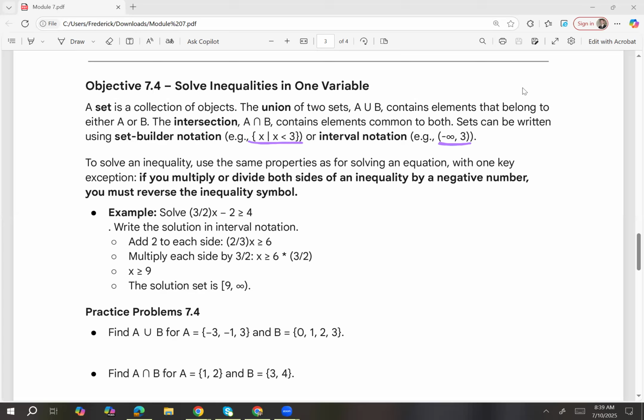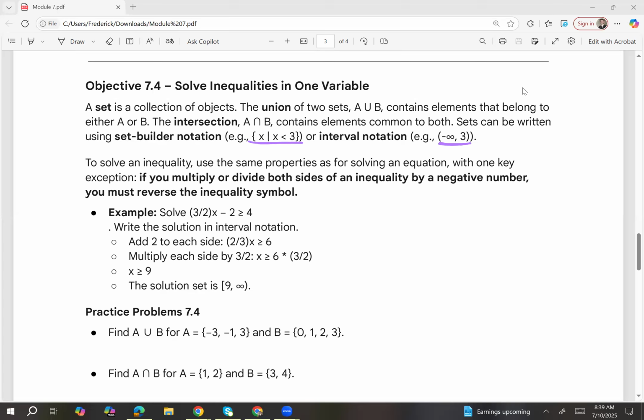That means it needs to be less than 3, not including 3, but not equal. And then the left bound tells you how low the set goes, and we have negative infinity there since it's less than 3, it's not really bounded, or it doesn't have a lowest number, so we would express that with negative infinity. So that's just one example. We'll see some others as we work through the examples you see.